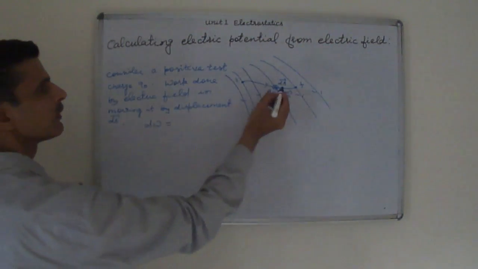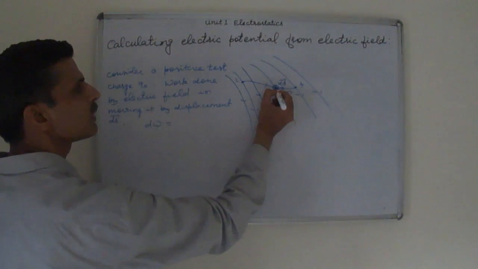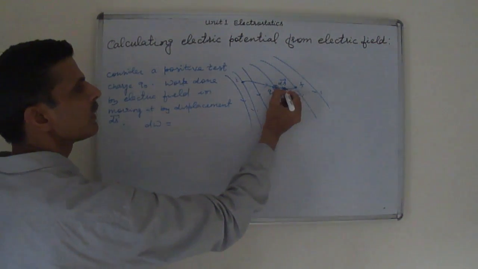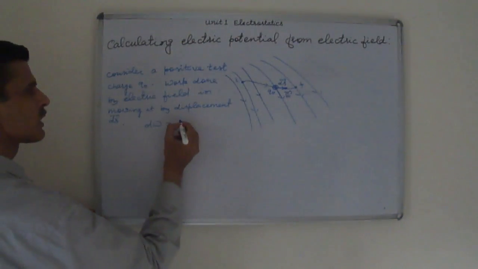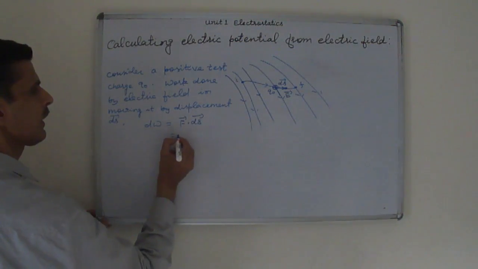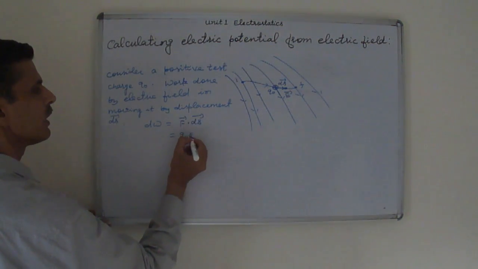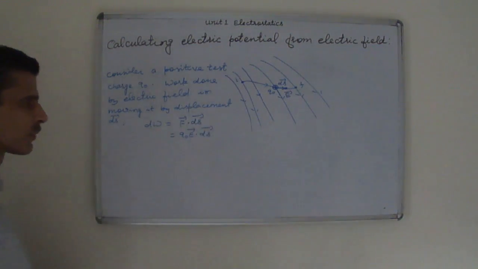So work done when this charge moves from this point to this nearer point. So this work done is F dot ds vector, and it is equal to Q naught E dot ds vector.